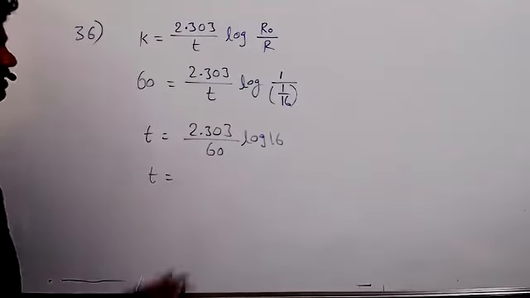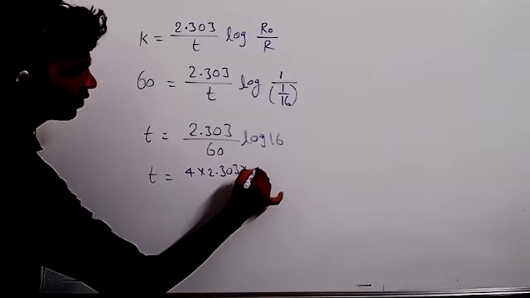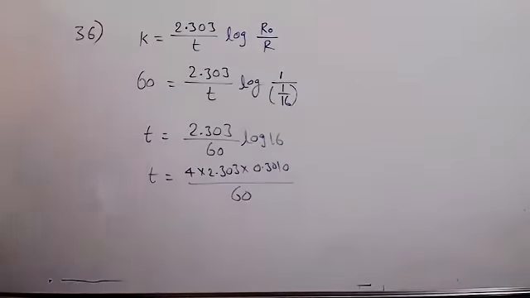T is equal to log 16. We may write 2 power 4. So 4 into 2.303 into log 2, that is 0.3010, divided by 60. Calculate this.